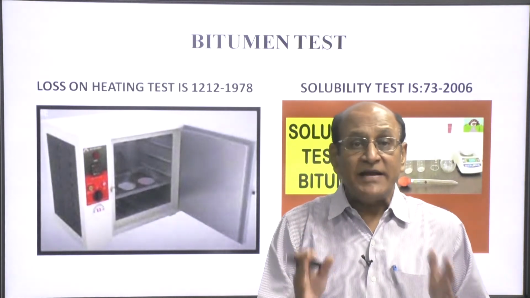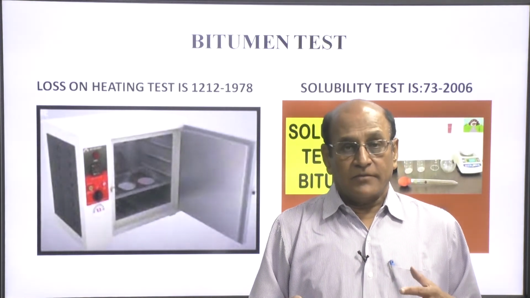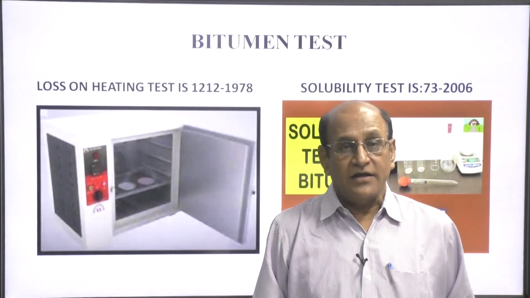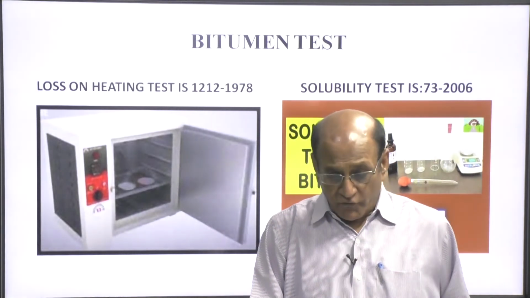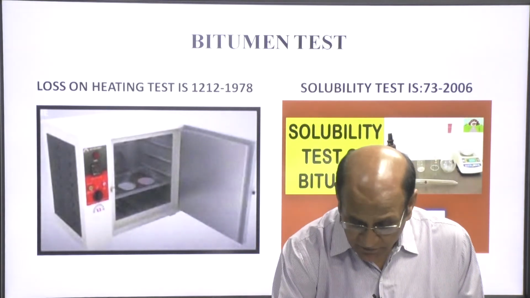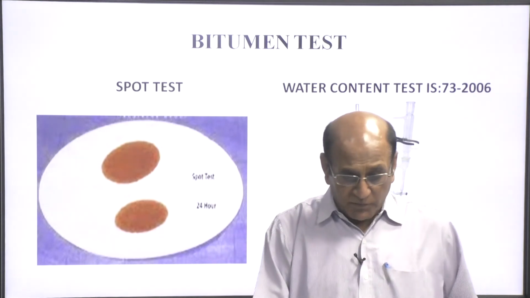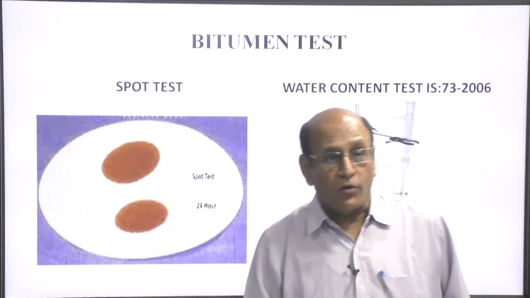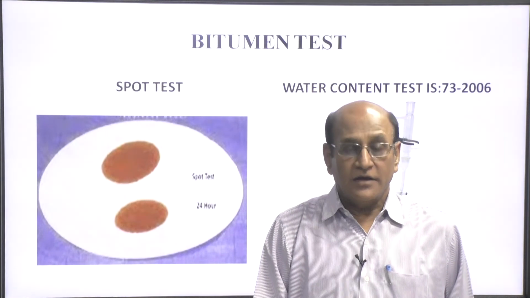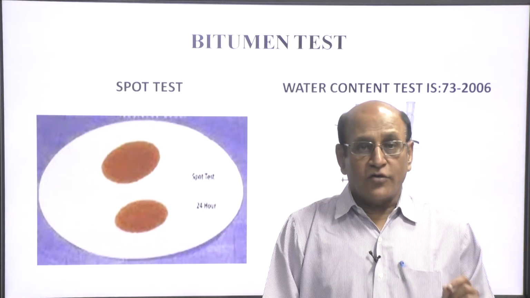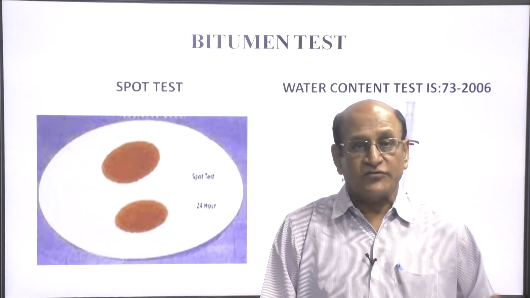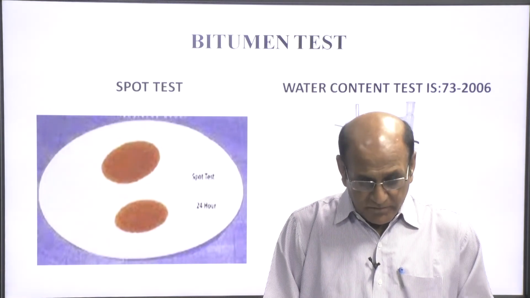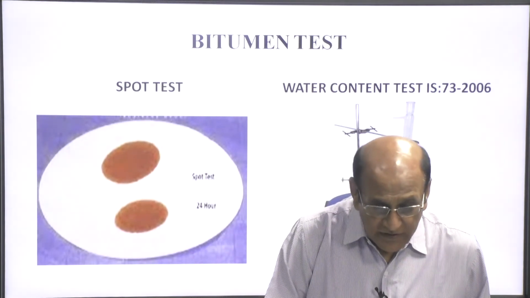Solubility test: the bitumen is dissolved in carbon tetrachloride or carbon disulfide, and the residue gives the solubility value. This is the spot test. A 2 gram sample is dissolved in naphtha, and a drop of this solution is placed over paper.